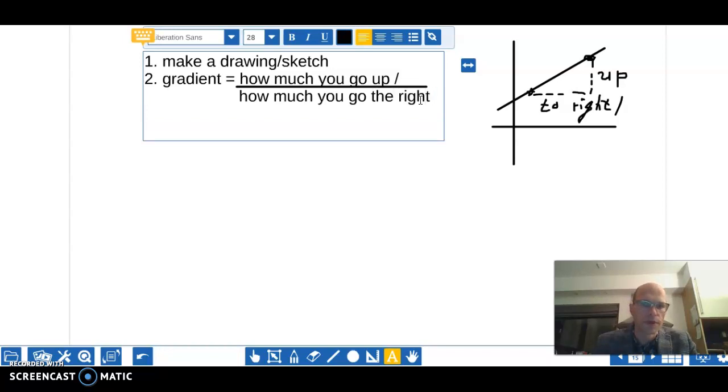Okay. The second step is to fill in the gradient in the general formula. And the general formula is always y is equal to ax plus b, and the gradient goes in as the a.